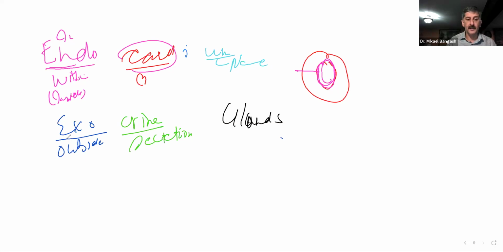Now please, guys, that doesn't mean that these are glands which are outside your body. What we can say is the exocrine glands are just the opposite of endocrine glands. And what was it that your endocrine glands did? They secreted their secretion into the blood.